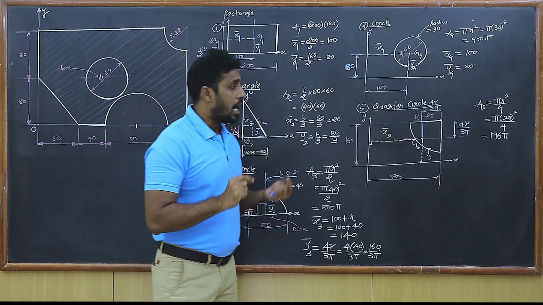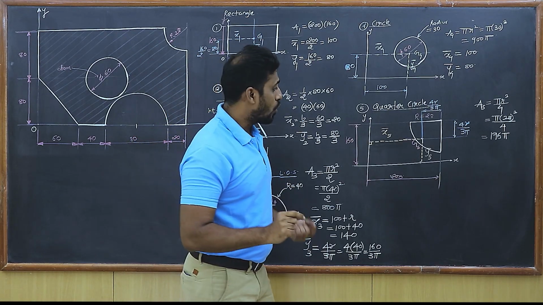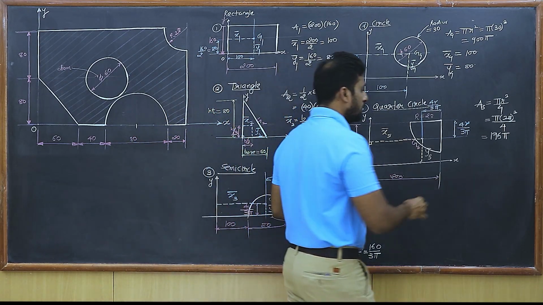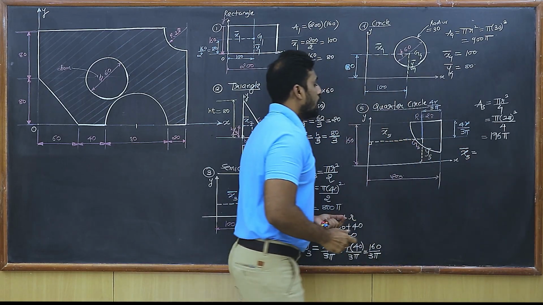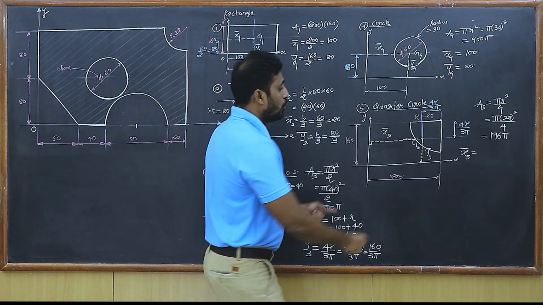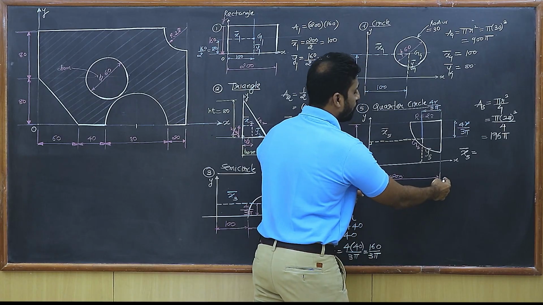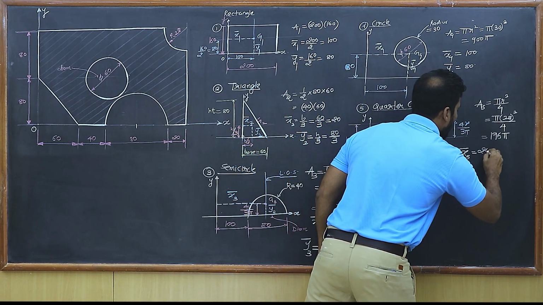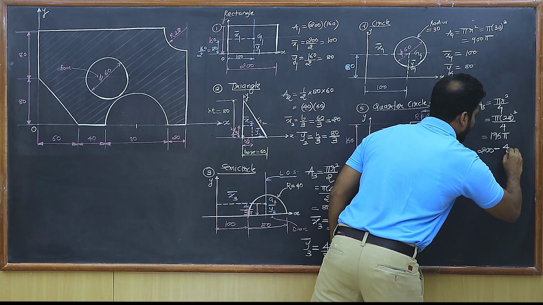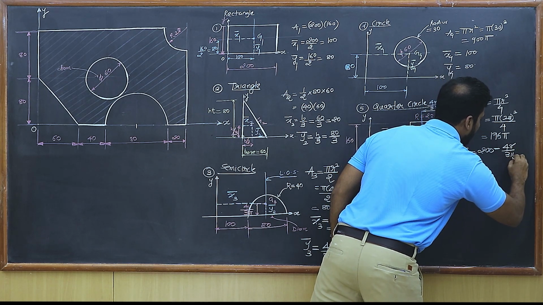And then finally, I want to write the location of the centroid with respect to the x and the y axis. So students, what is going to be x5 bar? So x5 bar is going to be the total distance which is 200, and from this you are going to subtract 4r upon 3 pi. So I get 200 minus 4r upon 3 pi.